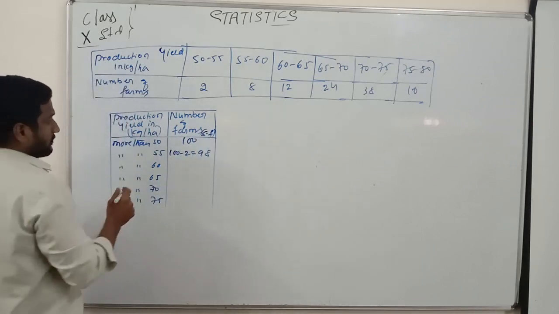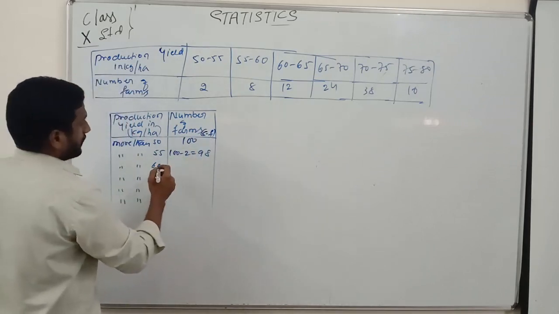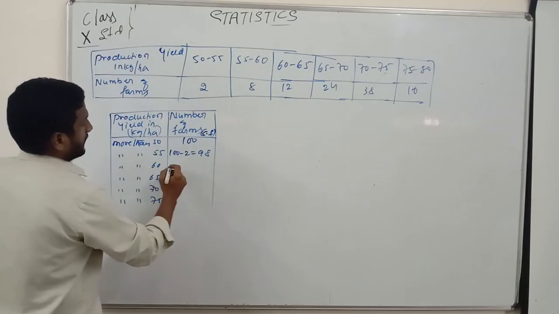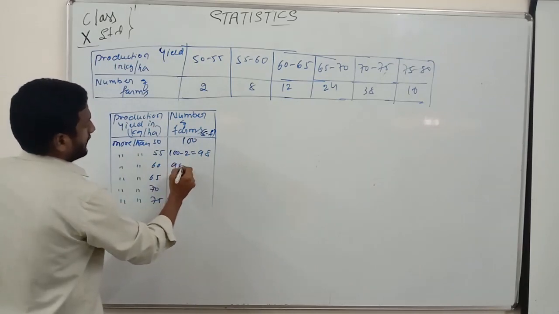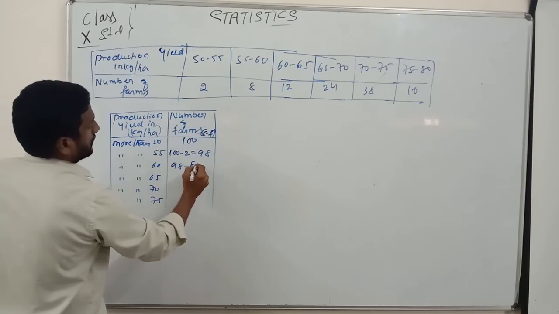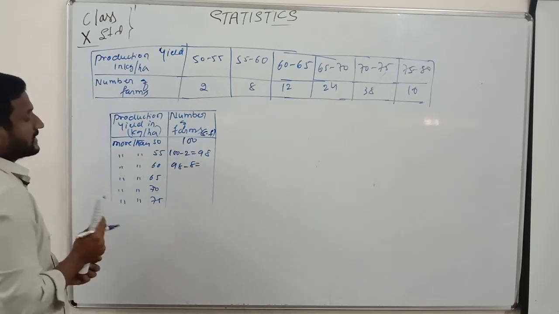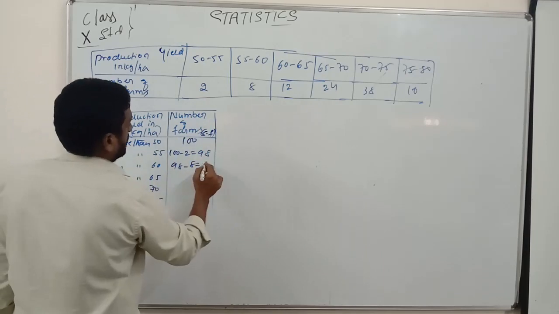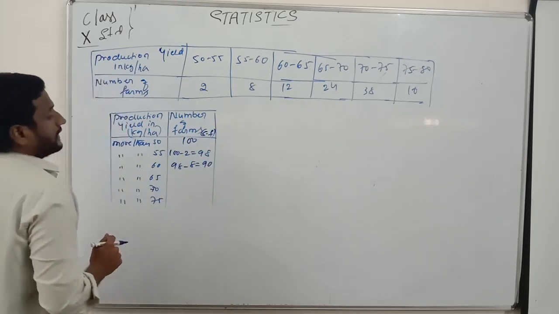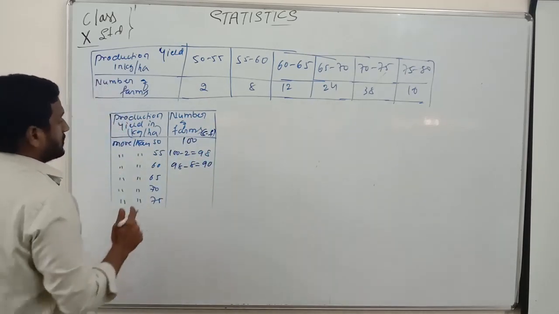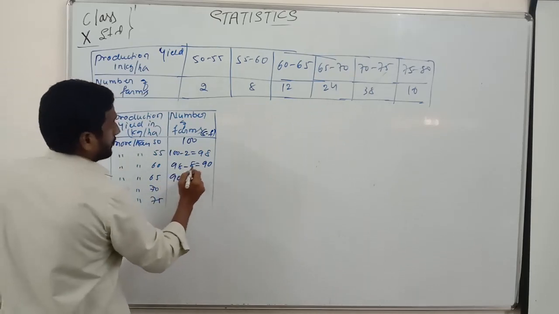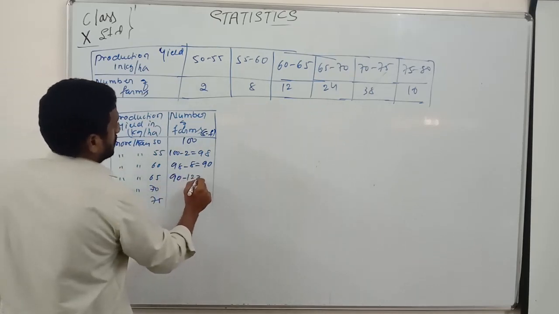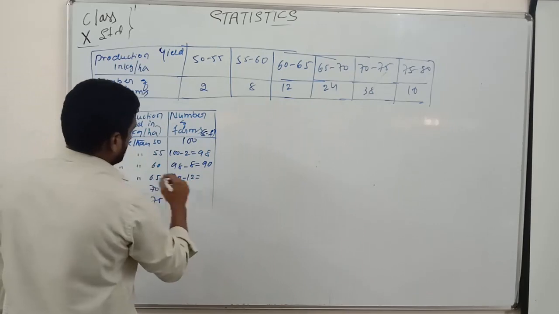Okay, next again, 98 minus 8, how much here? 90. Again 90 minus 12, that is 78.